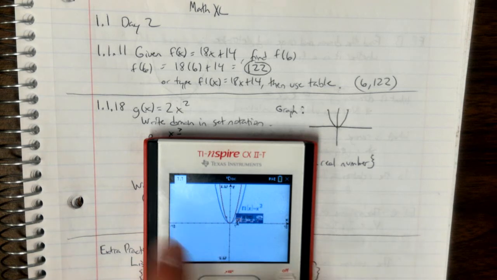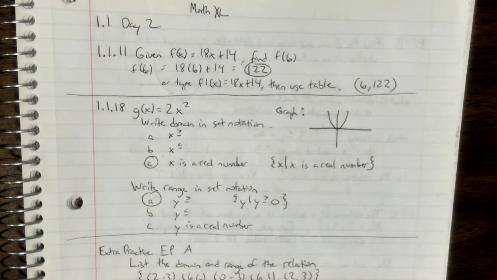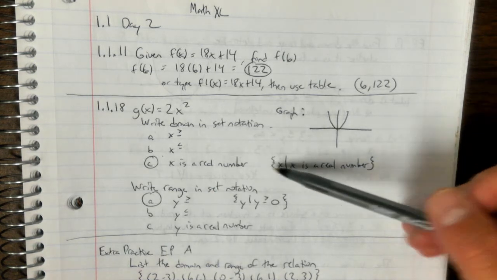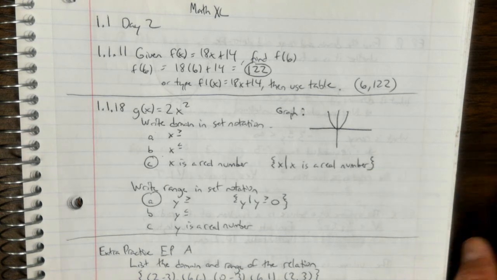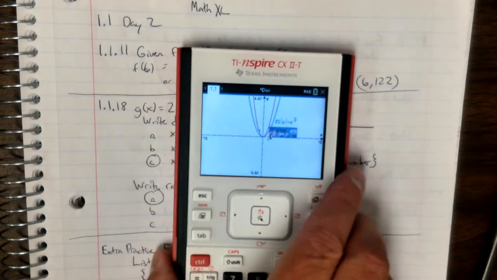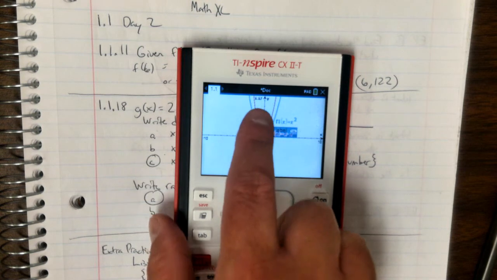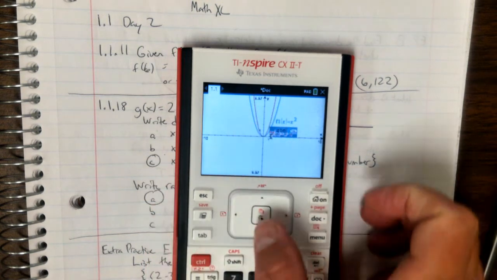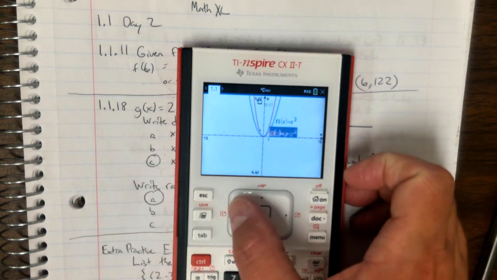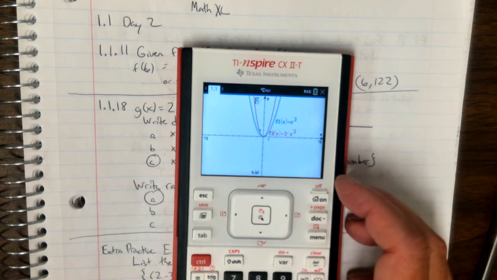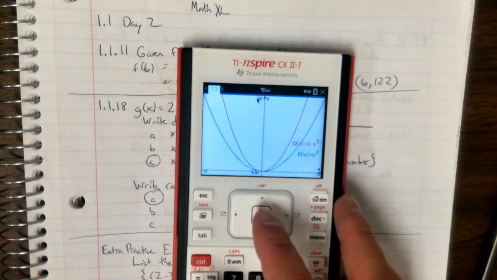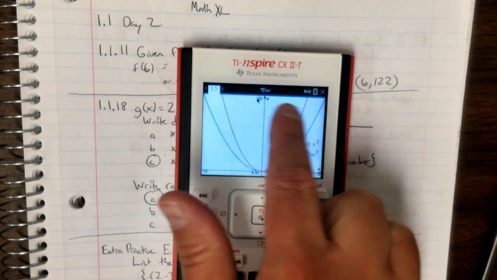But if all we're talking about is domain, there's no issues with the domain. It could be any real number. So even though you may just look at it and say, well, it's going from like -2 to 2, if you change your window you would see that it keeps on going. So now change it to 100 and then you can see it's wider.